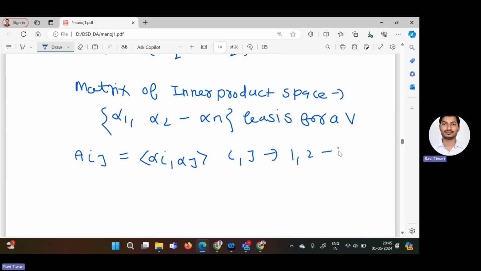By applying this formula, we can calculate the matrix of the inner product space.